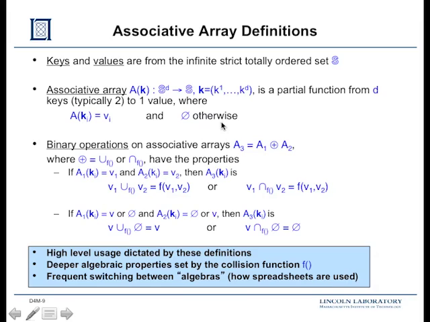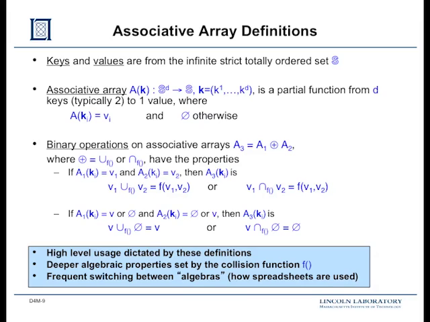So binary operations on any two associative arrays, A1 and A2, with this binary operation, are defined essentially by two functions. The upper function here says how we're going to treat the keys. If we have two associative arrays, some of their keys can overlap, some cannot. And our function will either choose to look for the union or the intersection of those.